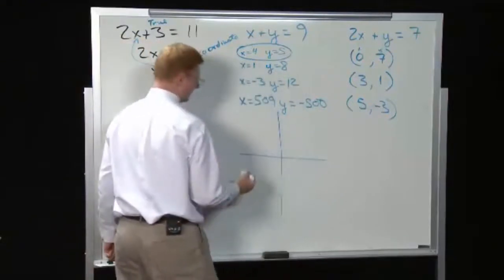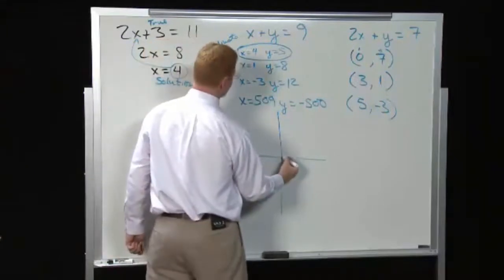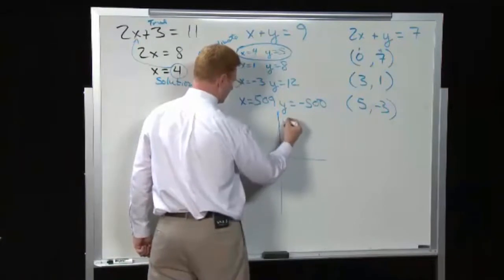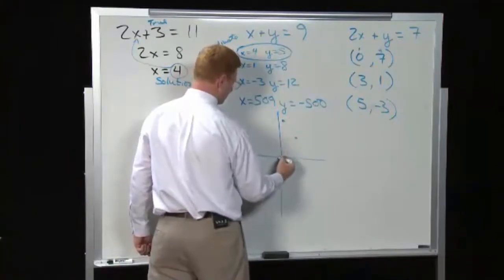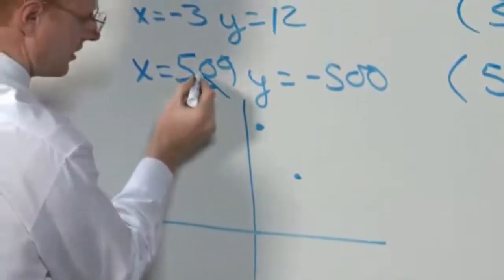So when you have this right here, you get, let's go 4, 5, 1, 8, negative 3, 12. And you start to see a pattern emerging.